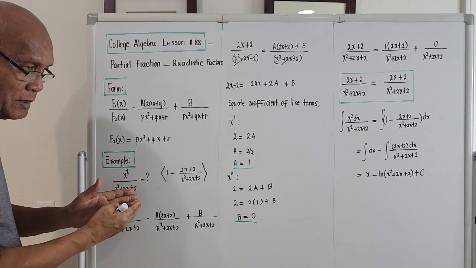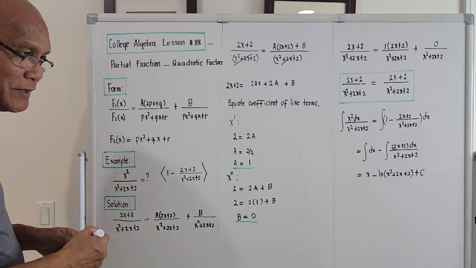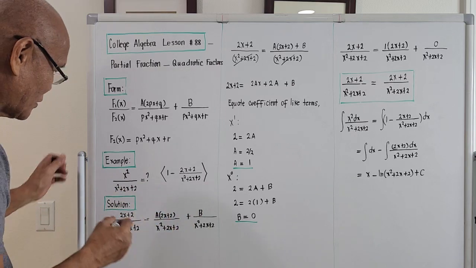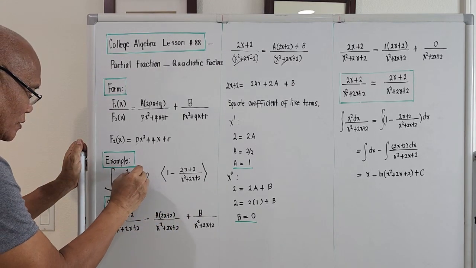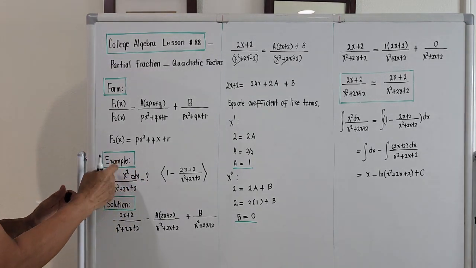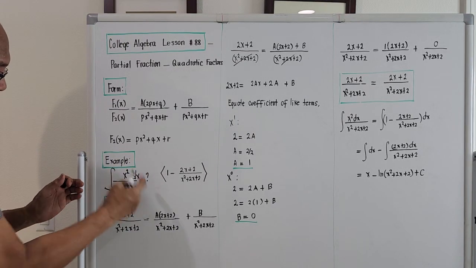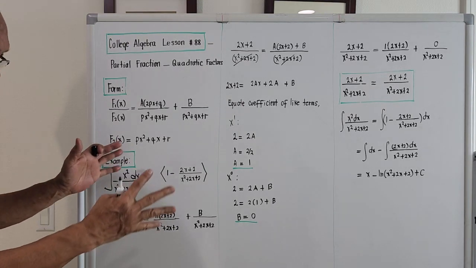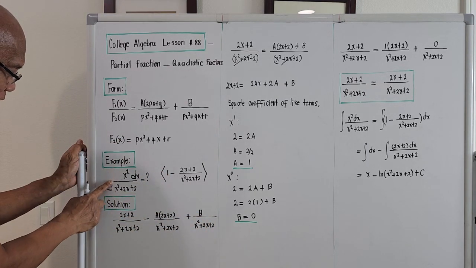What will be the partial fraction equivalent of this one? Actually, this problem came from integral calculus. There was an integral sign over here and a dx over here, and the problem asks for the integral of x squared dx over x squared plus 2x plus 2. Under this study of algebra, we don't have the integral sign.